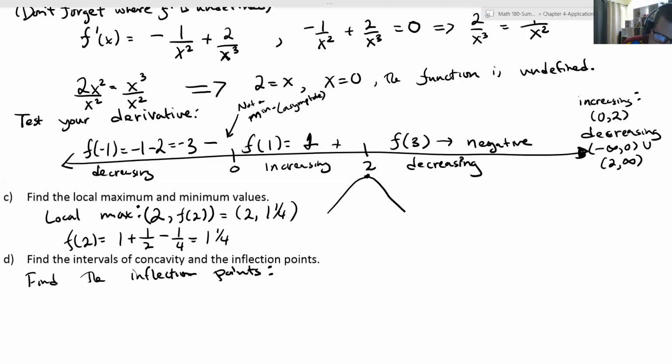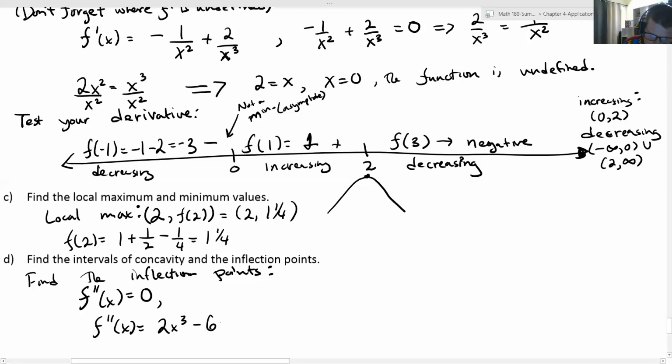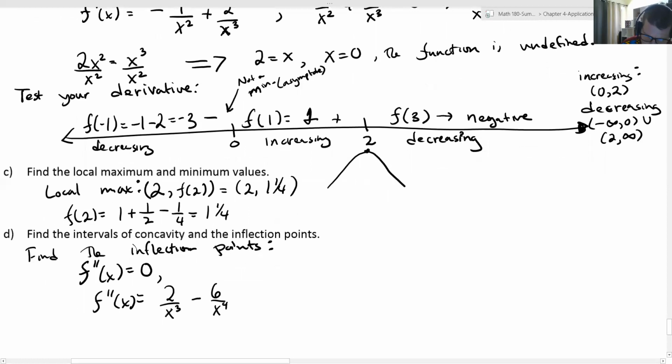We want to find when f double prime of x is equal to 0. Okay. And so if I check, my f double prime of x was equal to 2 over x cubed minus 6 over x to the fourth. So check your derivative against mine.